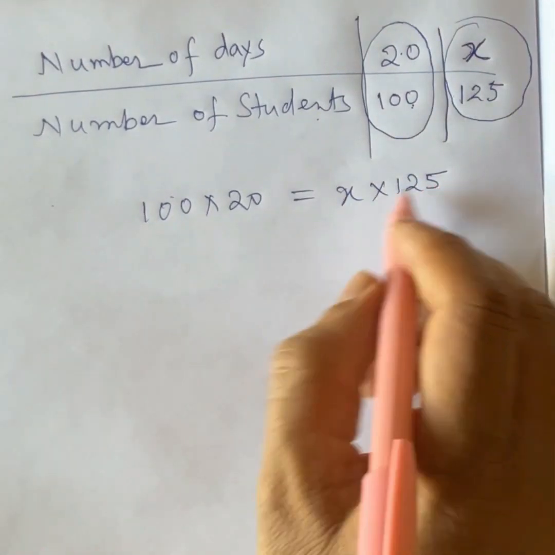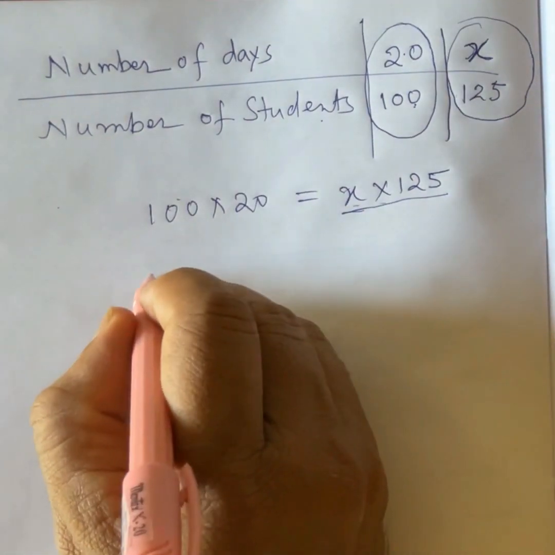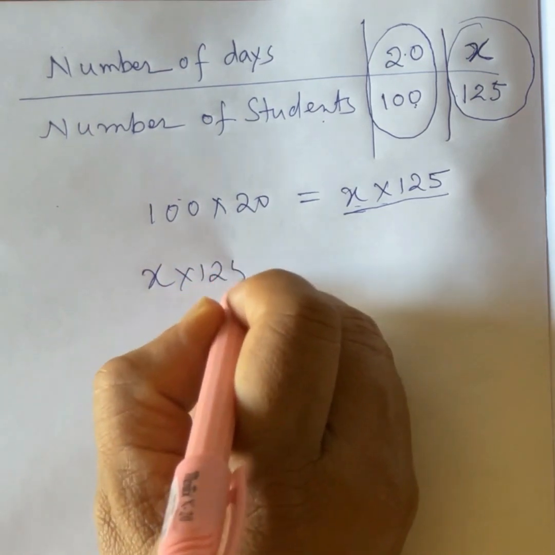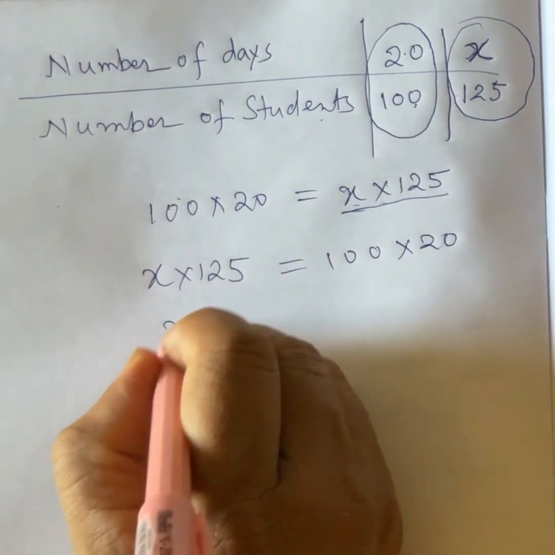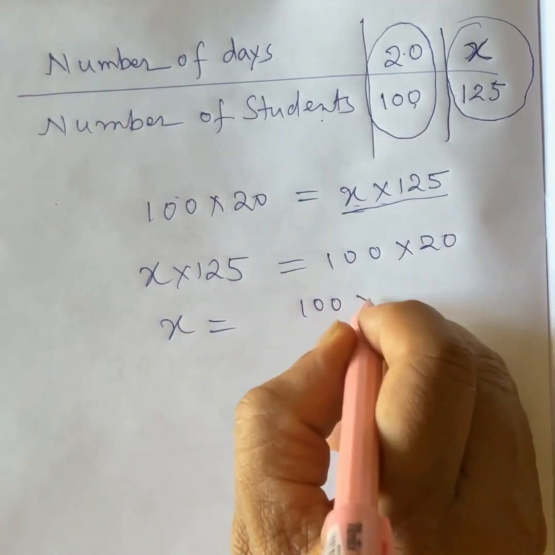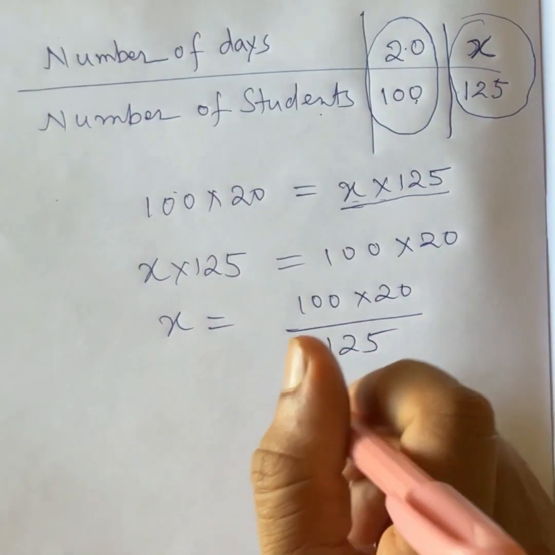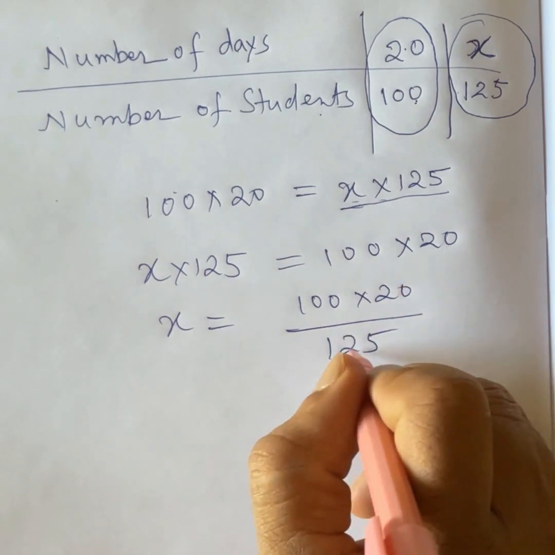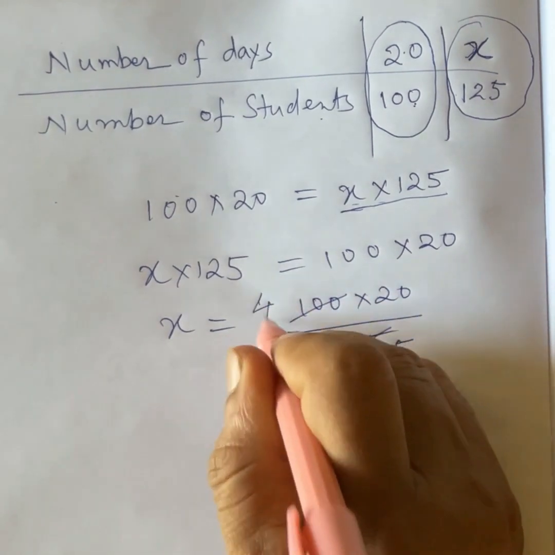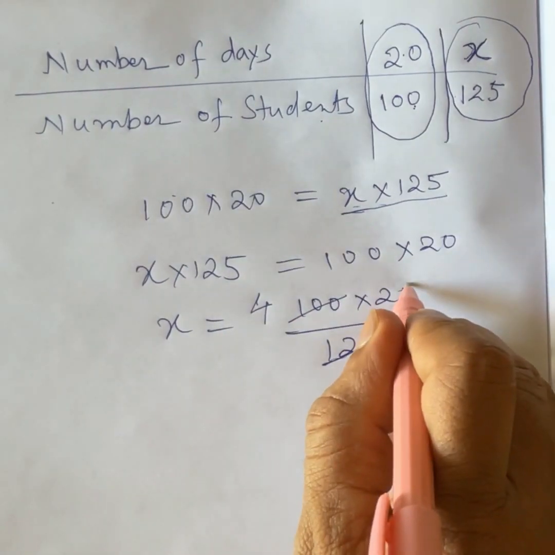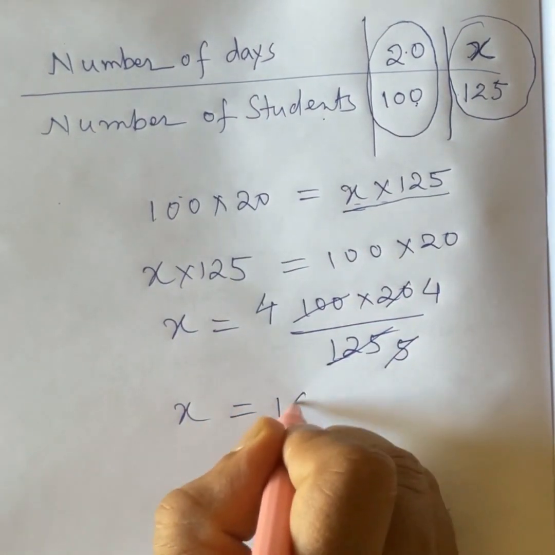So x into 125 equals 100 into 20, then x equals 100 into 20 by 125. Now we can cancel: divide by 25, it is 4 and 5, so x equals 4 into 4.